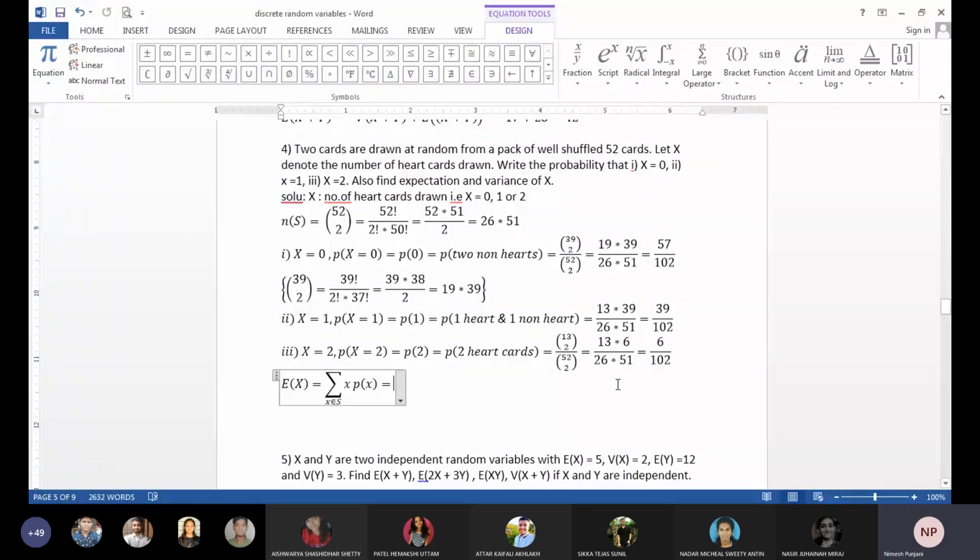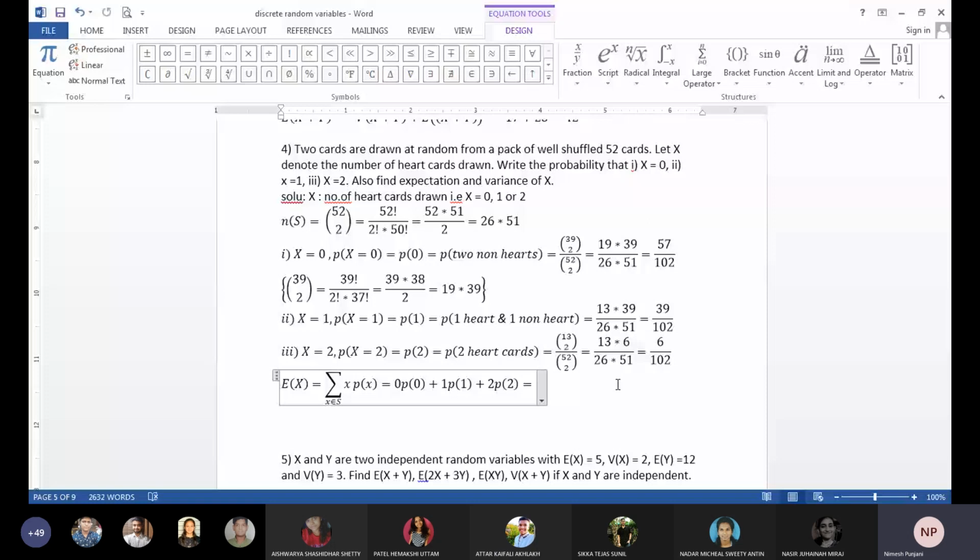Okay, fine. Expected value is summation x px. तो यहाँ पे मेरा x का वैल्यू क्या क्या है 0 1 2, so it is 0 into p of 0 plus 1 into p of 1 plus 2 into p of 2. ठीक है, 0 into p of 0, 1 into p of 1, 2 into p of 2. This is what will be my expected value.